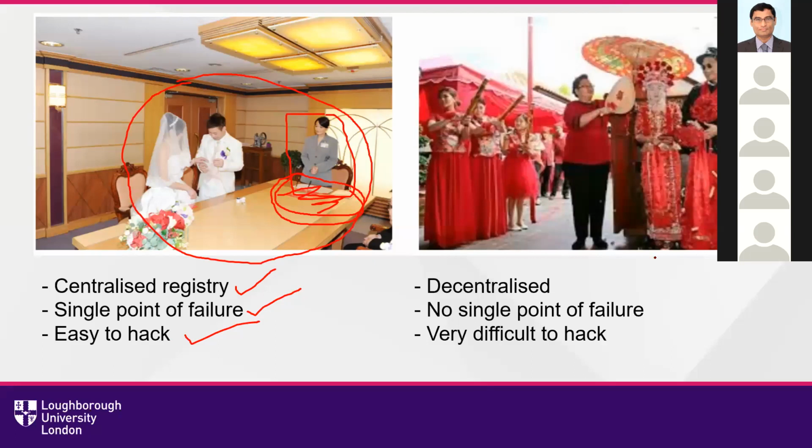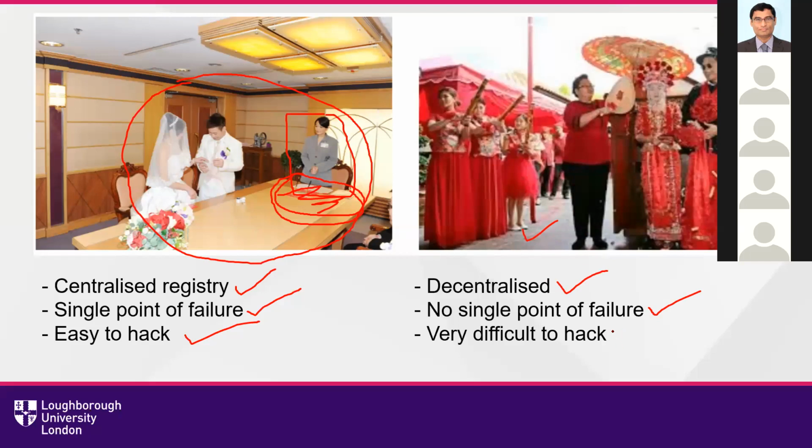But on the other hand, if you get married in such a way that you are surrounded by your relatives, families, and all the village or city, all your colleagues, everybody knows that you got married, right? So it's decentralized. There's no way somebody can manipulate that, unless you run away from Sri Lanka and come to the UK and live on an island somewhere where nobody knows about you.